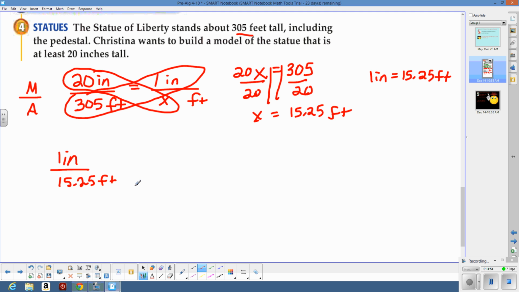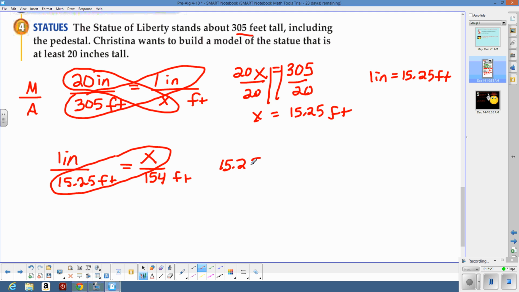If we know the actual height of the pedestal is 154 feet, we can figure out how tall to make it on the model. The actual height is something you could find out, and you can figure out the height of the model by solving this proportion.